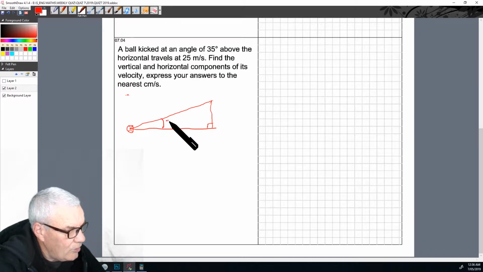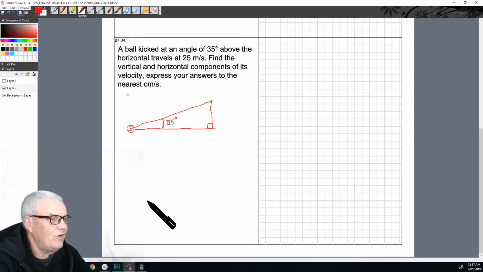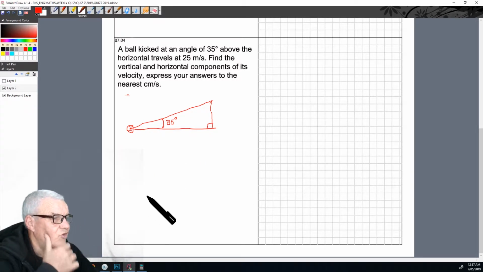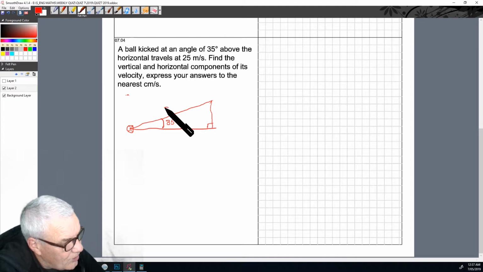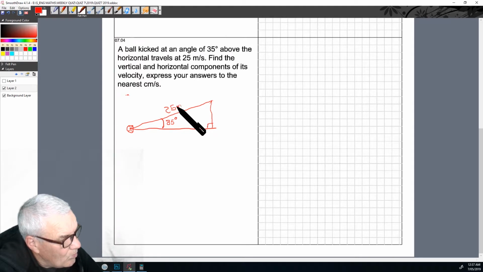Remember, it's degrees, and our calculator's probably still in radians, so don't forget to put it into degrees. That's 35 degrees, and it travels at 25 meters per second.